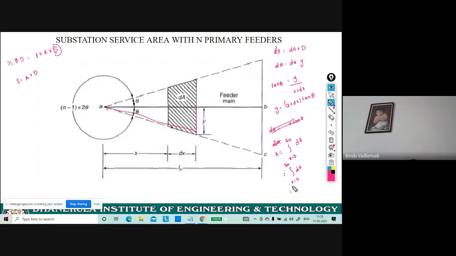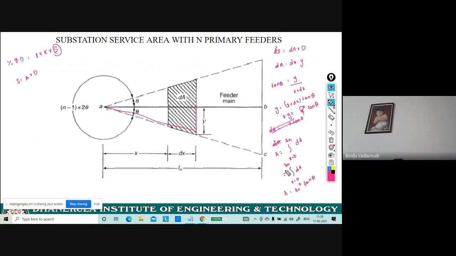If you observe, x into y is equal to x square into tan theta. Did you get my point? x into y is equal to x square into tan theta, or not? On substituting, if you want to compare the total area, can I replace the x value with ln square into tan theta? Is there anything wrong?